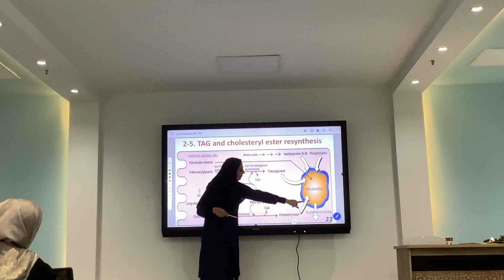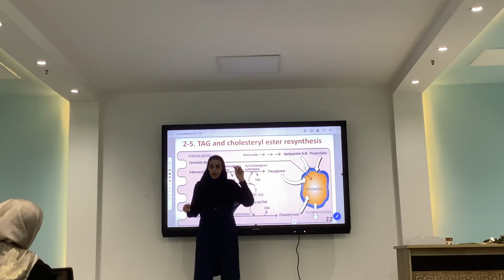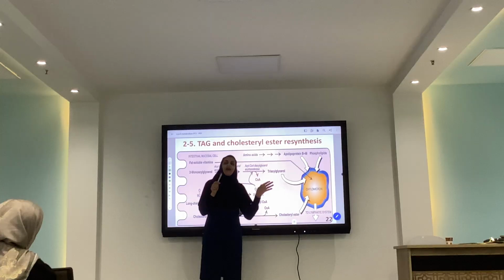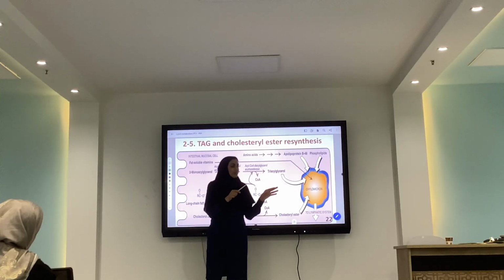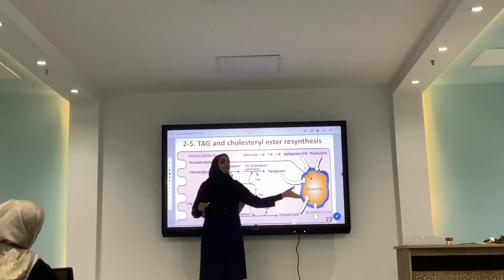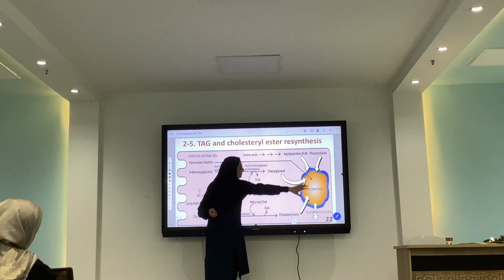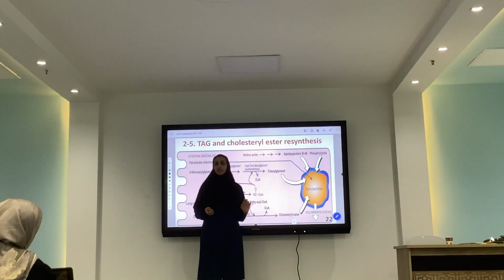The clearance depends on some enzyme, and some people have inherited disorders so that they cannot clear the chylomicrons from blood circulation. And all the time they are in their blood circulation.